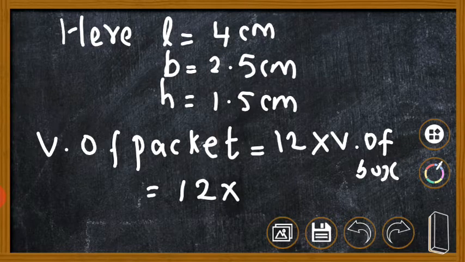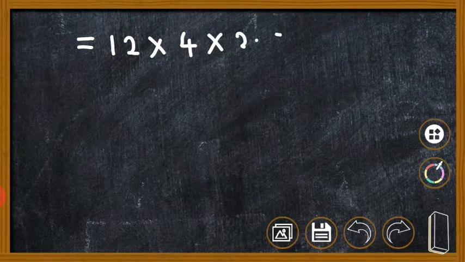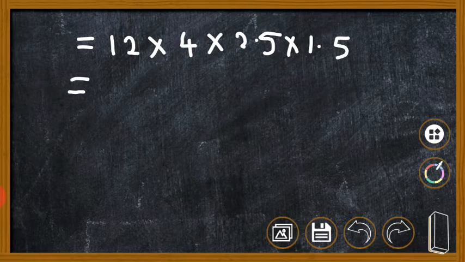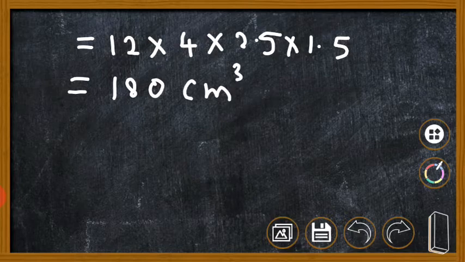L into B into H. So 12 into L into B into H. Substitute the values of L, B and H: 12 into 4 into 2.5 into 1.5, and if you multiply you will get 180. Since all the measurements are in centimeter, its unit of volume is centimeter cube.